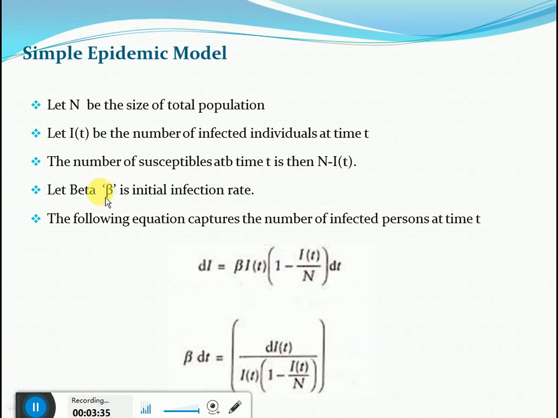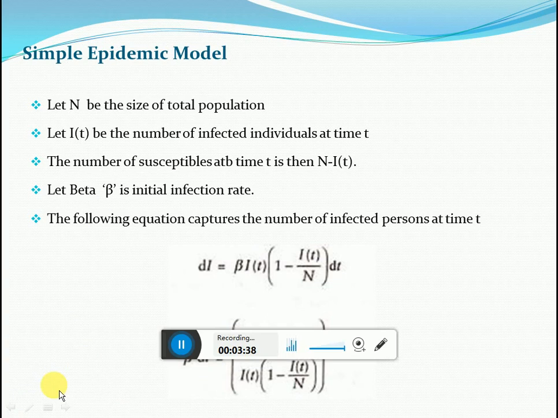So let beta be the infection rate. That is, beta is the initial infection rate at which each infected person attempts to pass the infection to beta susceptibles in 1 unit time.